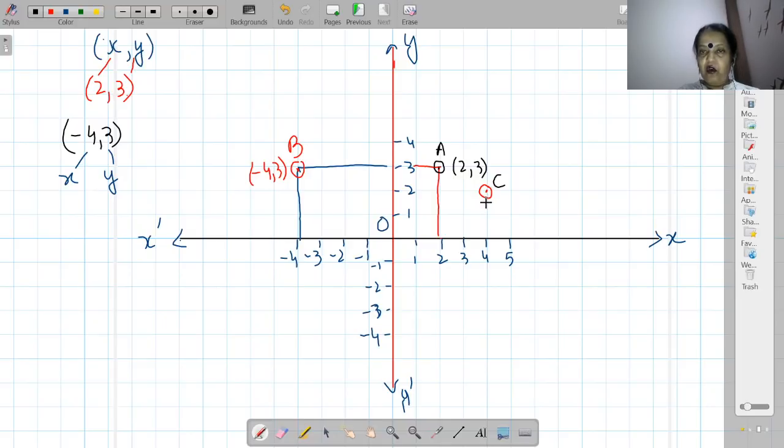If we will go towards x-axis, it is 4, and if we will go towards y-axis, it is 2. So what should be the coordinates here of point C? It will be, as I have told, always x value first and then y value. So it will be 4 and 2.